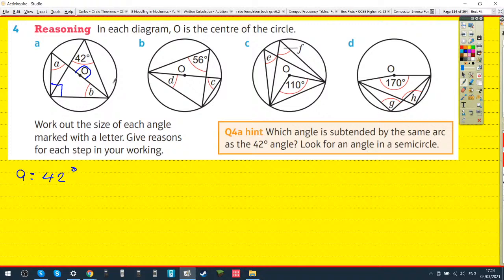So A and 90 and B are in a triangle. Yes. So 42 plus 90, that's 132 degrees.